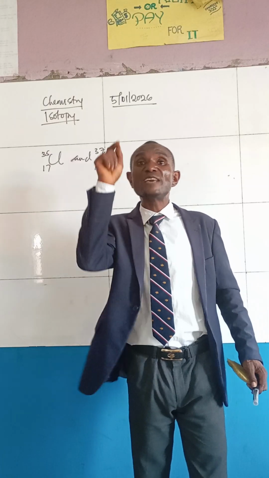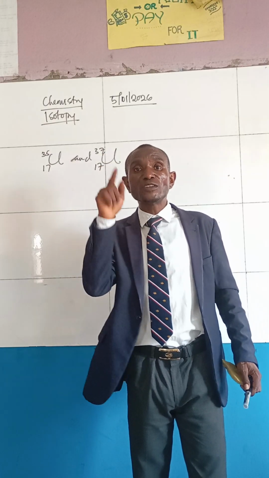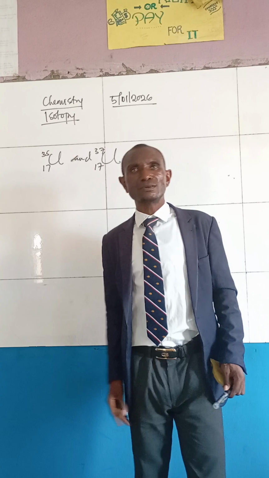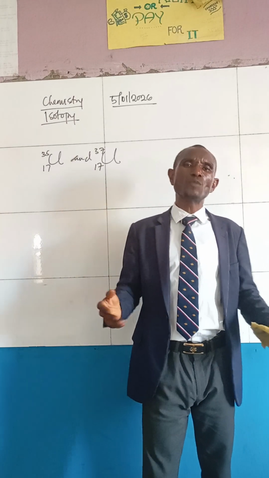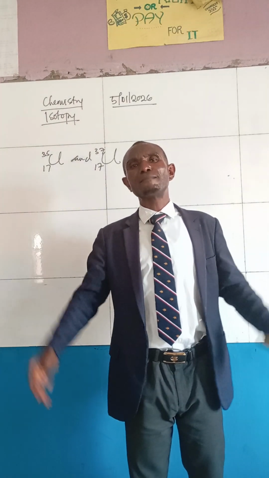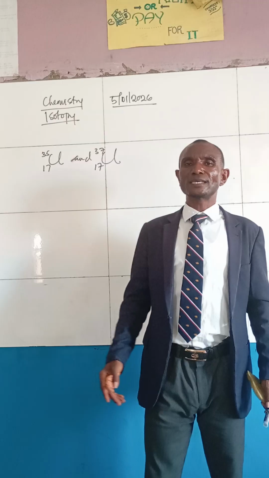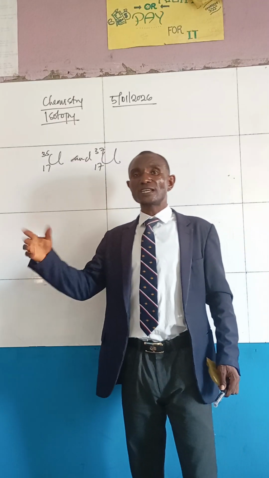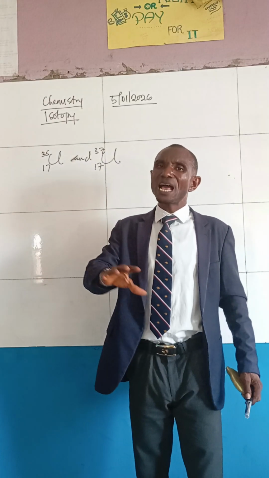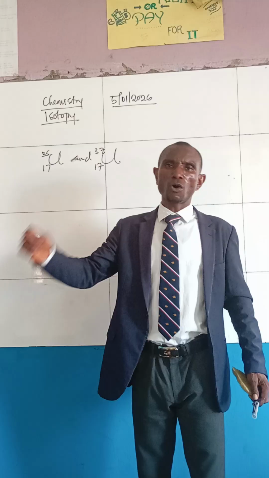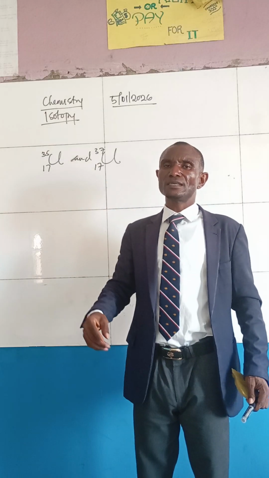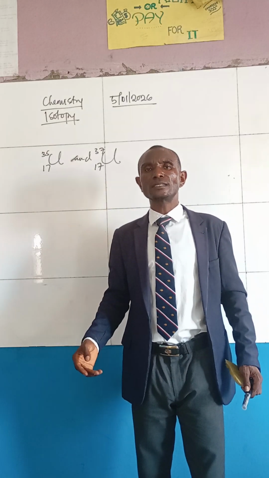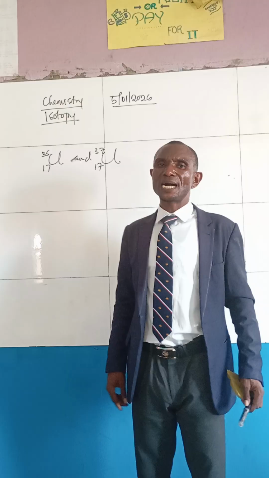But isotopy is a phenomenon whereby two or more atoms have the same atomic number but different mass numbers. This is due to a different number of neutrons. But isotopes are atoms of the same element having the same atomic number but different mass numbers.